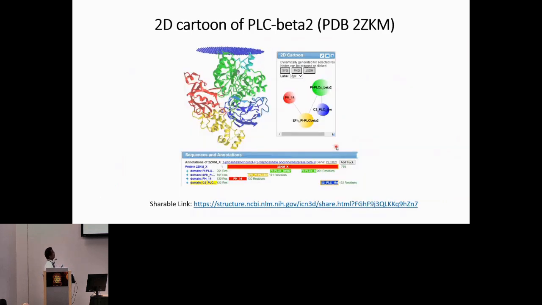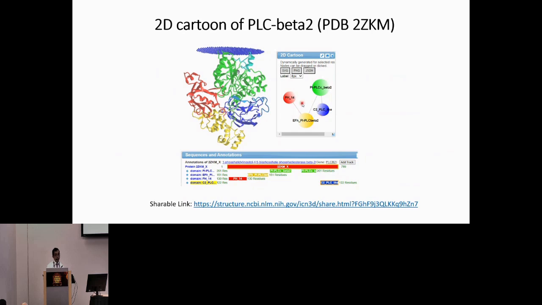Here is a 2D cartoon of PLC beta 2. This is different from the 2D diagram I just showed you. Basically, it's a 2D projection of a 3D structure. If you change its orientation, the 2D projection will be different, and you can also move around the nodes.